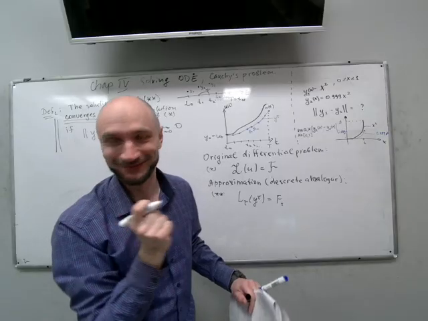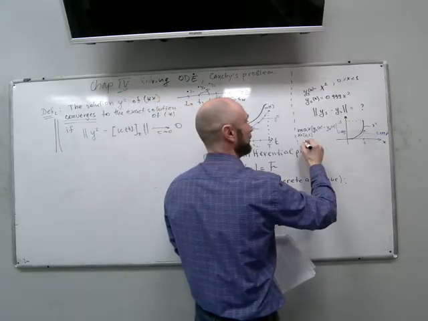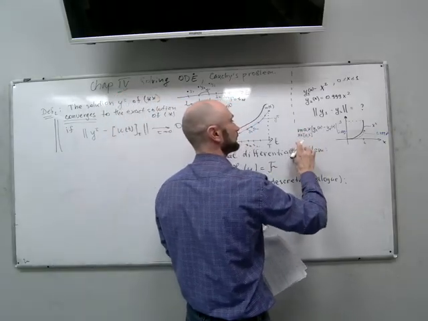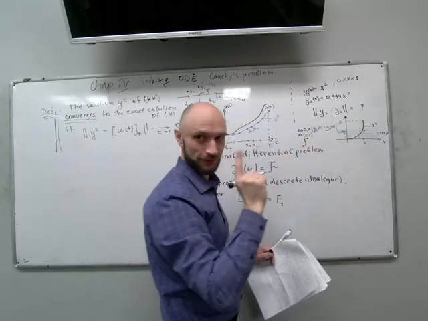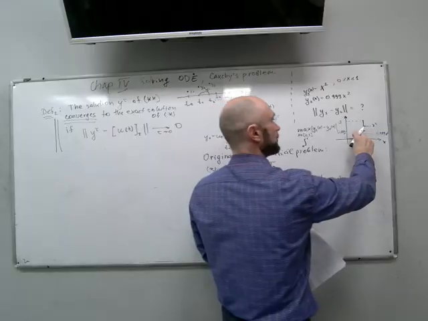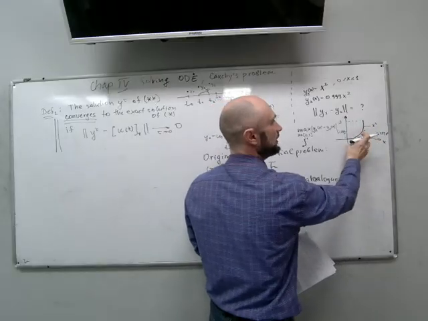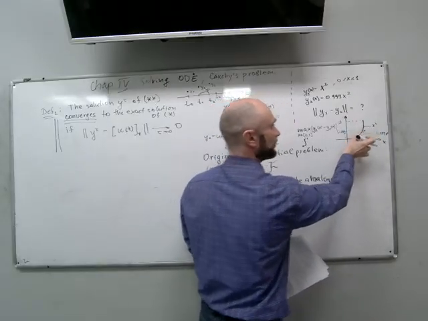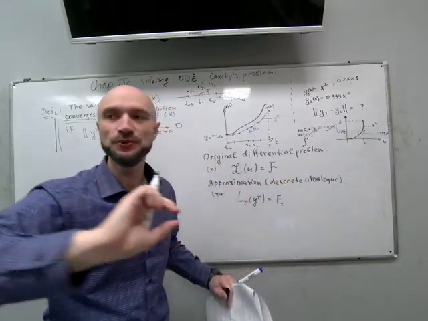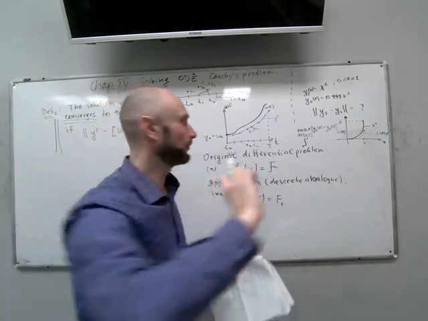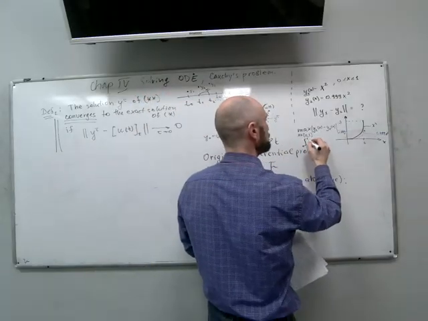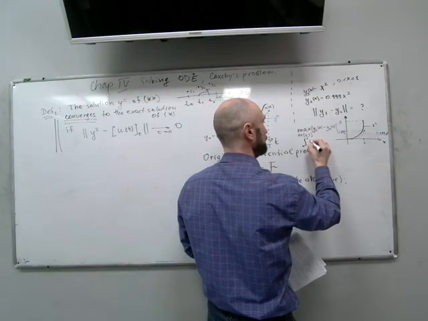How? For example, we could take an integral, not the derivative, an integral. So we could integrate the shape that sits in between these two curves. But usually mathematicians do the following.